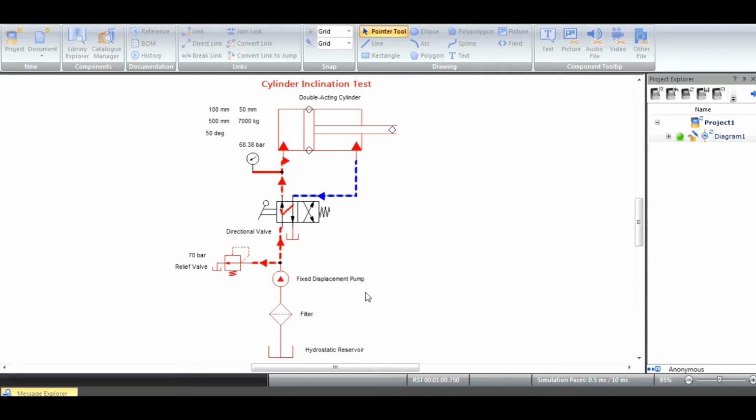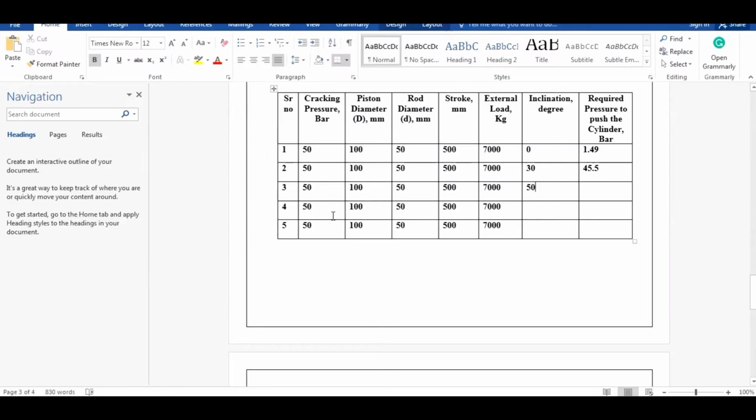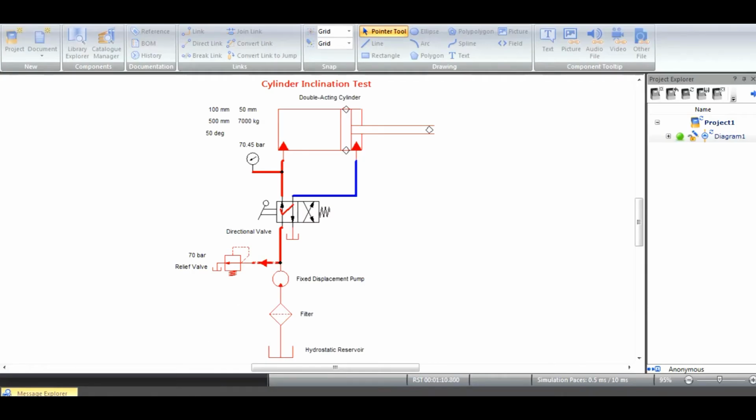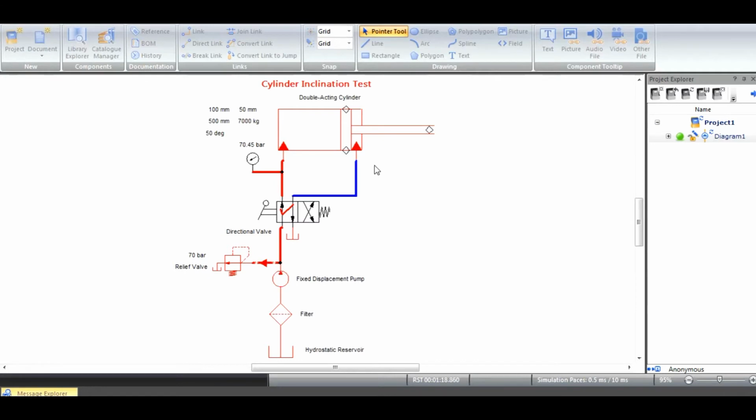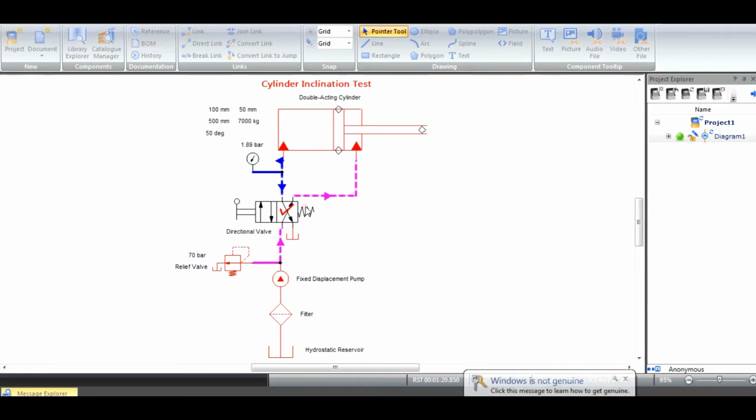It means that with 50 bar cracking pressure, the system is not able to work for the 7000 kg load at a 50-degree angle. So for 70 bar cracking pressure, how much pressure is built here? The pressure built here is 68.3.